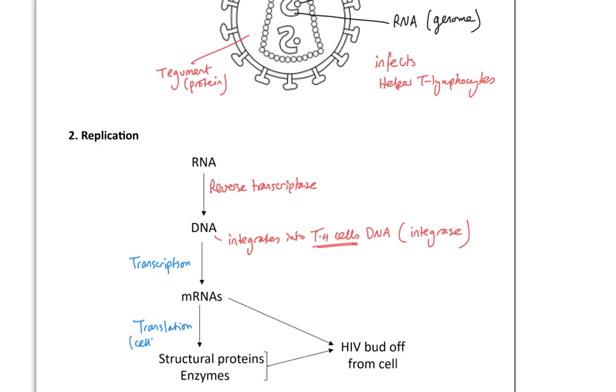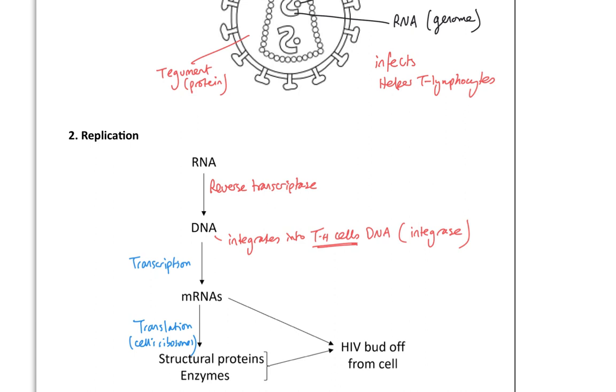This is the cell's ribosomes. And we make the structural proteins like I put above: the tegument, the attachment proteins, the capsid proteins, all those are structural proteins, and the enzymes are also made. So reverse transcriptase is made, and also DNA integrase is made, again, not on the syllabus.